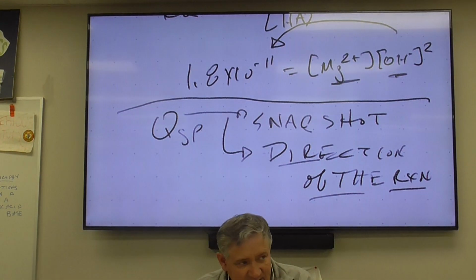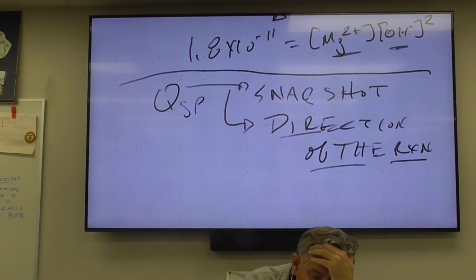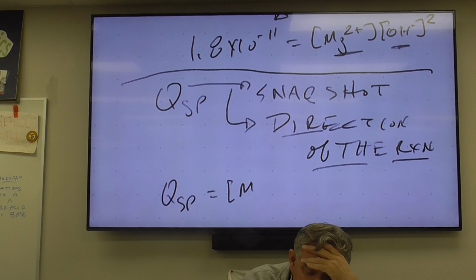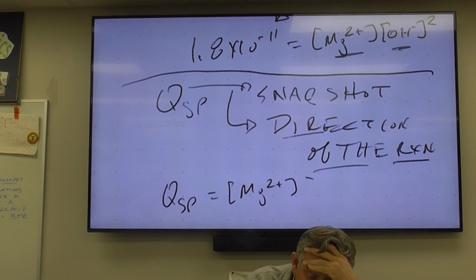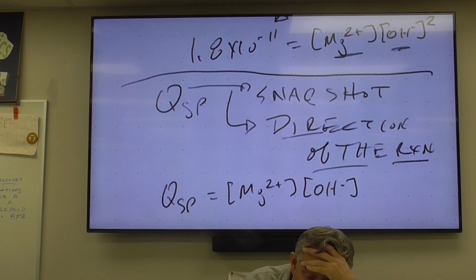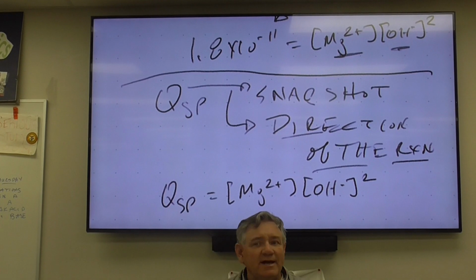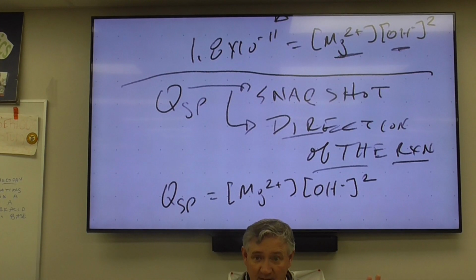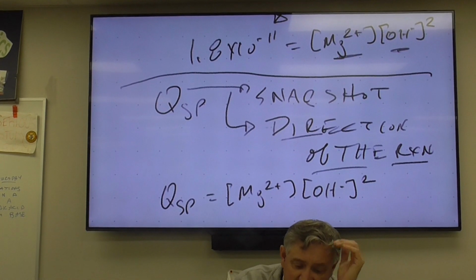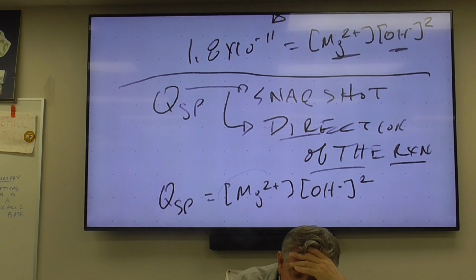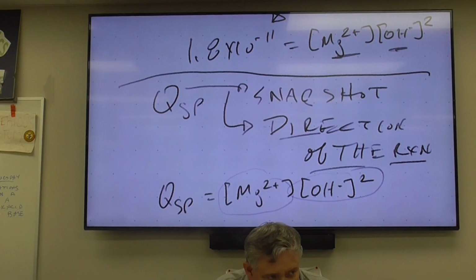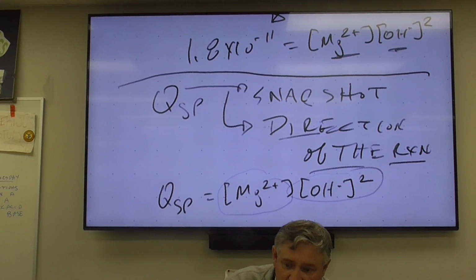Mathematically, it's the exact same. So if you talk about the Qsp of magnesium hydroxide, it's still the magnesium ion times the hydroxide ion concentration squared. The formula is the exact same, okay? The only thing that changes is that this is the concentration right after the reaction is taking place, like right after you mix them together.